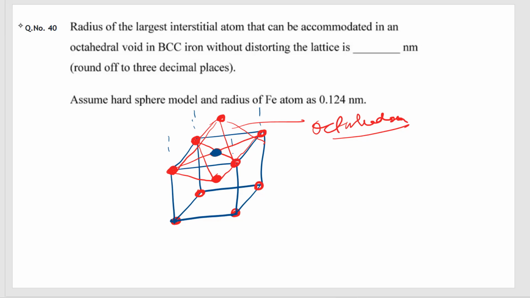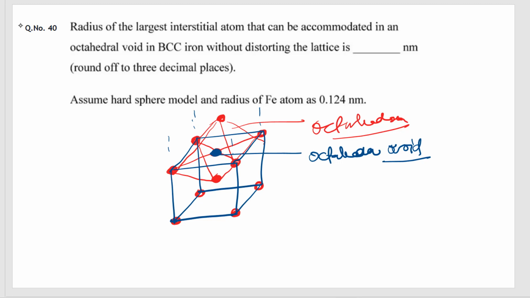This will be the octahedral void, right? So here it is asking about the maximum size of the atom which can be accommodated in the octahedral void.